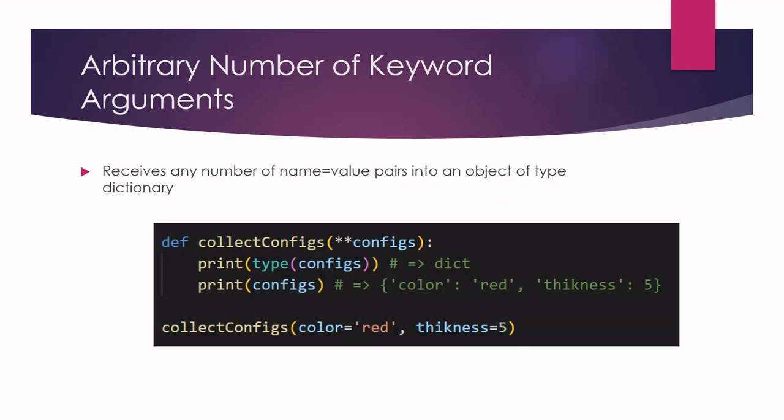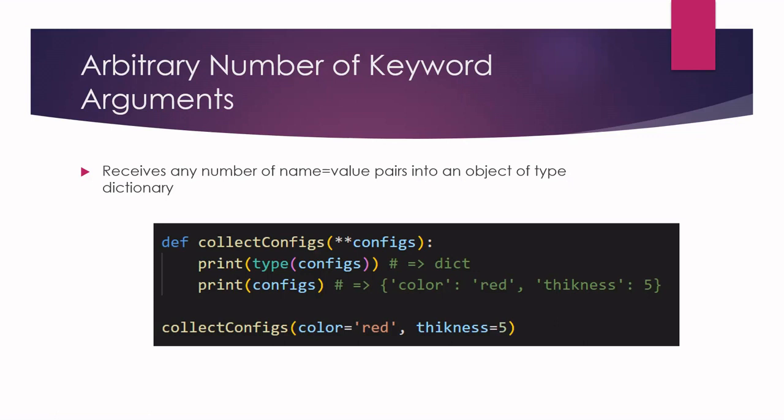Here we have something like this that collects context. Now, if you didn't look into the definition of the function, you may think that this is just keyword arguments, right? But when you look into the definition of the function, you'll see that there's only one parameter there, and it's none of these names.